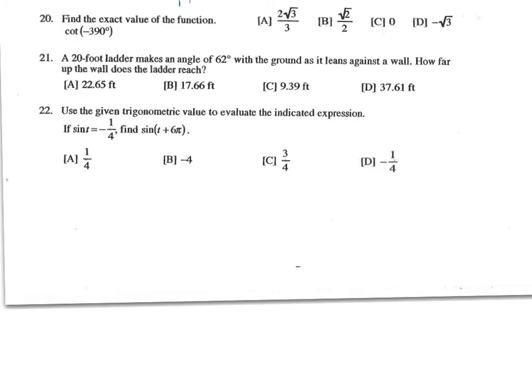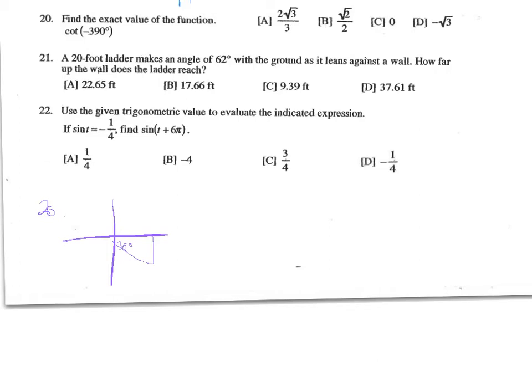For number 20, we want to find the exact value of the cotangent of negative 390 degrees. So if we draw that out, we go all the way around the unit circle in the negative direction, and we have to keep going 30 degrees more. So we end up in the fourth quadrant, 30 degrees away from the x-axis.